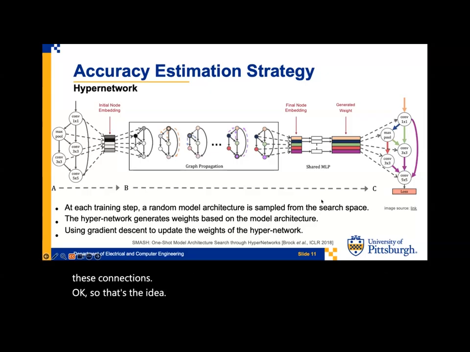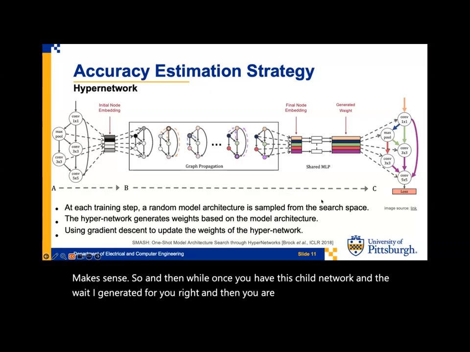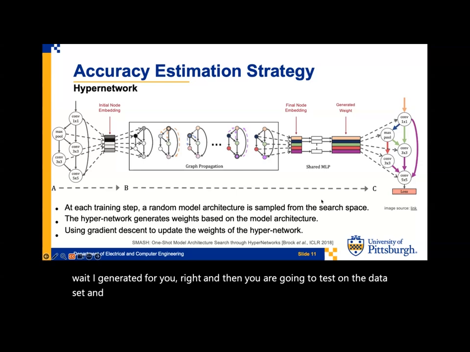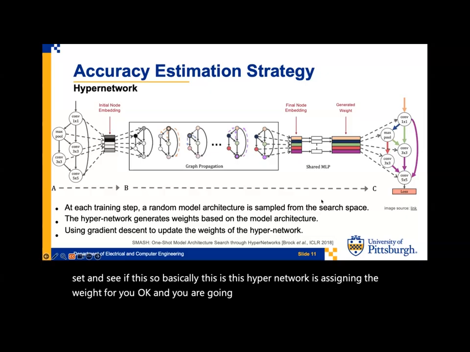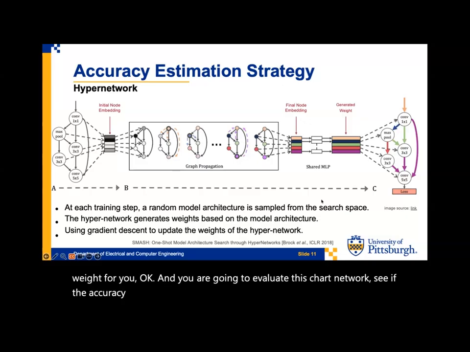Once you have this child network and the weights I generated for you, you test on the data set. This hypernetwork is assigning the weights for you, and you evaluate this child network to see if the accuracy is good.